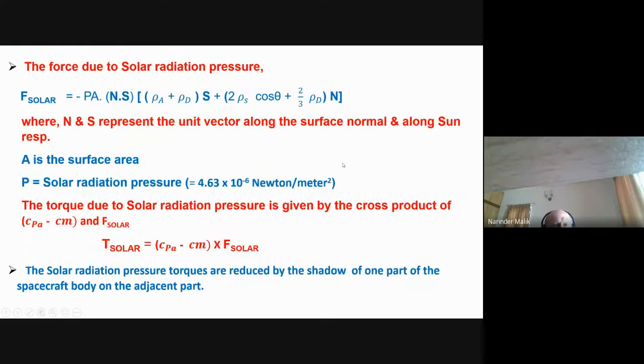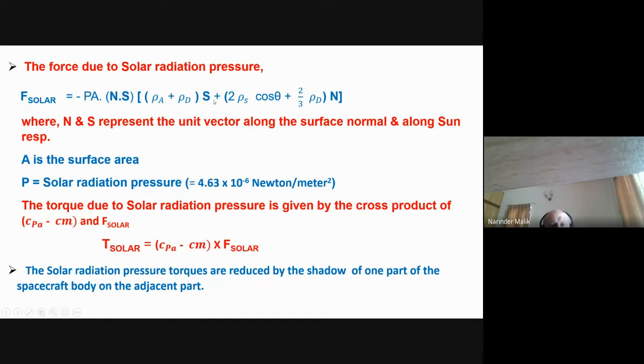Now when we sum together, mathematically we can work out that F solar, the solar force, comes out to be the solar pressure times the projected area, with n dot S as the cosine factor, along the sun vector and along the normal to the surface. Cosine theta will come into the picture.